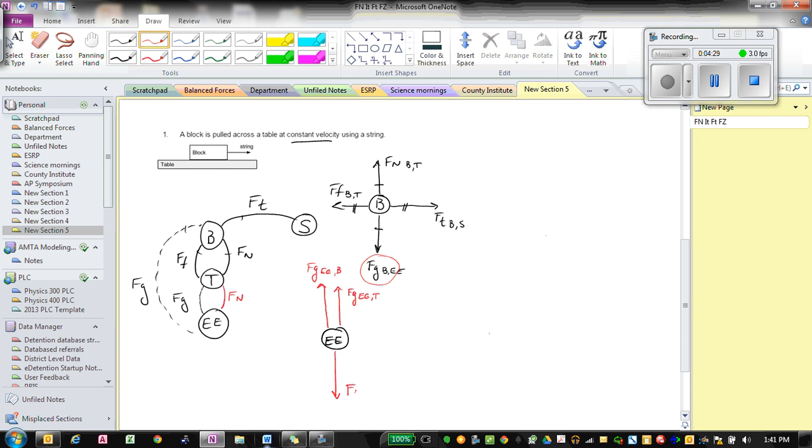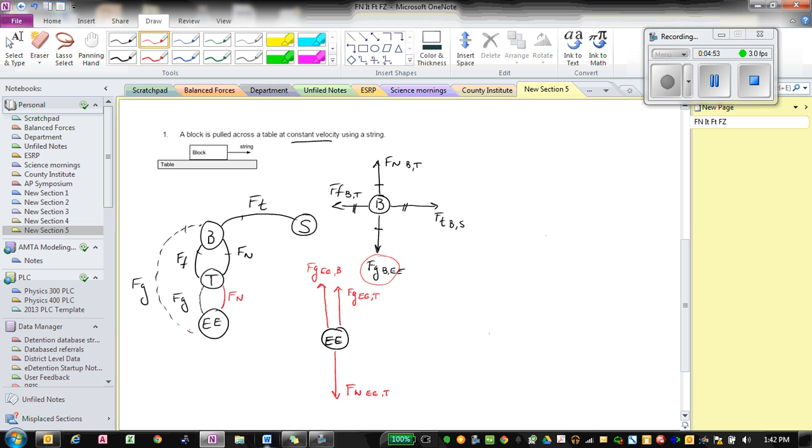So this would be normal force on the entire Earth by the table. All right, and if you didn't realize that that force is there, when we draw the force diagram for the table, it would be clear that we need this upwards pointing support force. And we'll make that clearer when we draw the force diagram for the table.